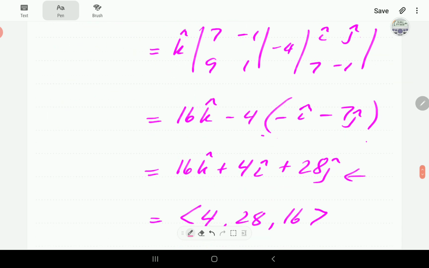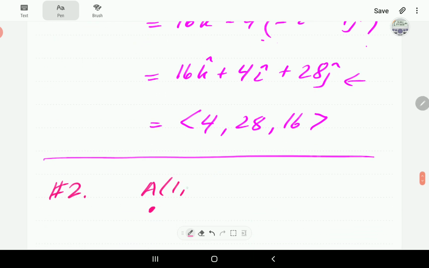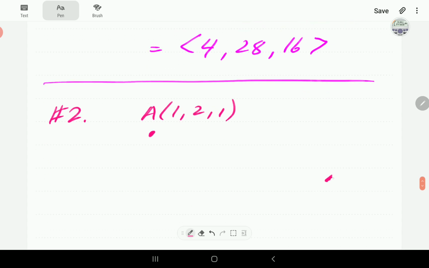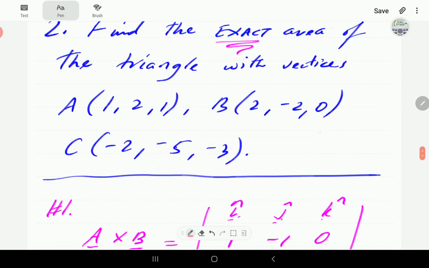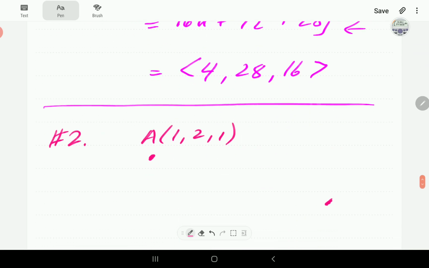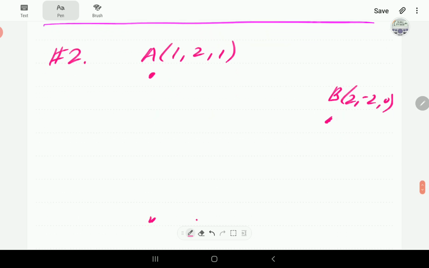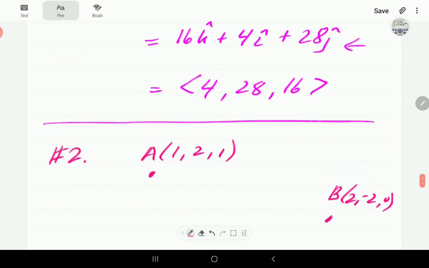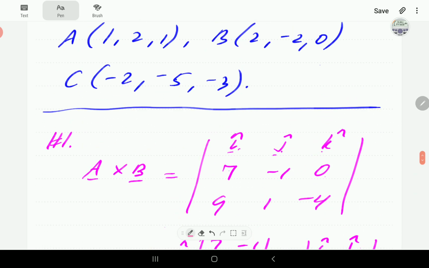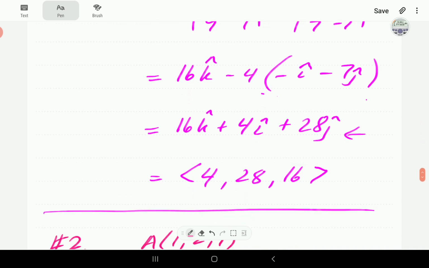So 1, 2, 1 is the coordinates of A, B is 2, -2, 0, and then C is -2, -5, -3.